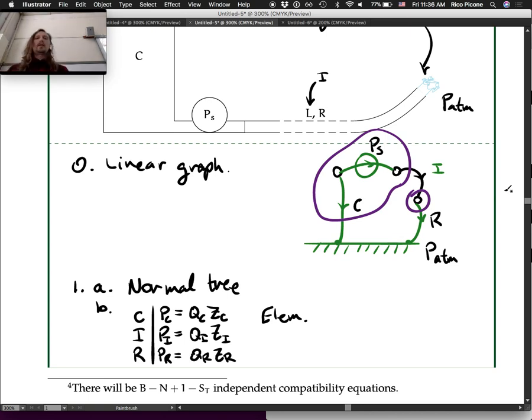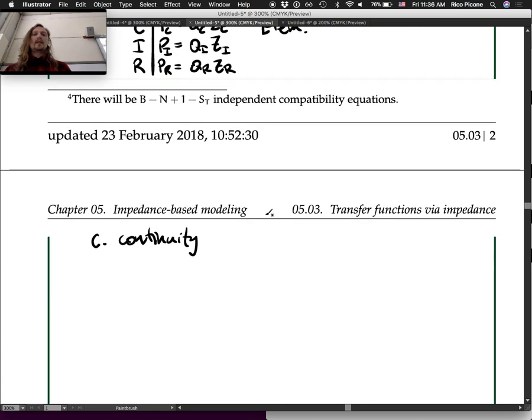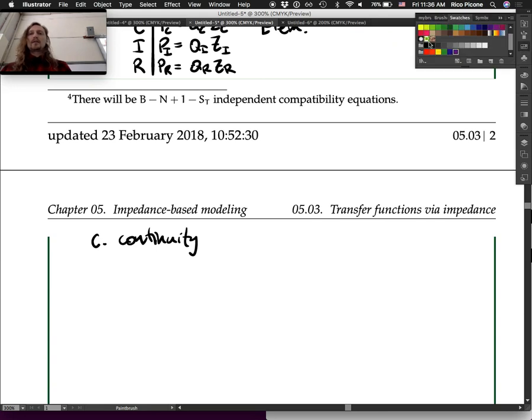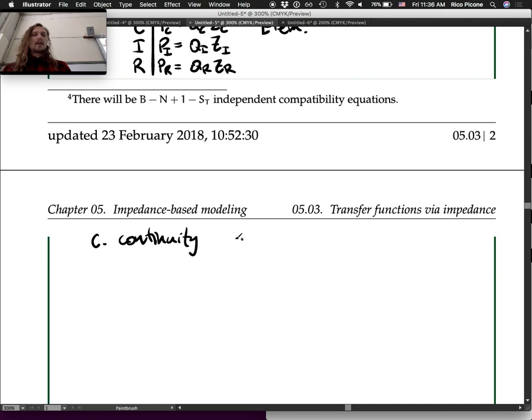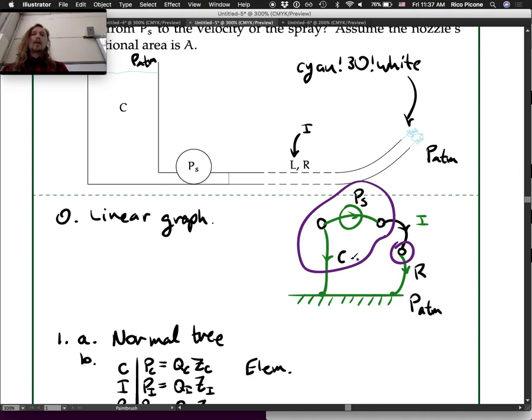So our C continuity equation is just going to say that QC is equal to QI, right? Oh, am I wrong?